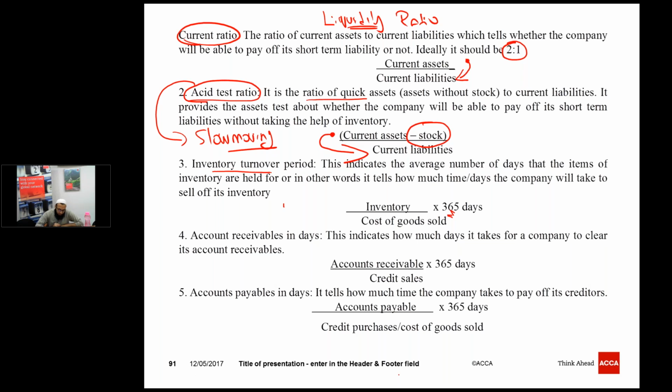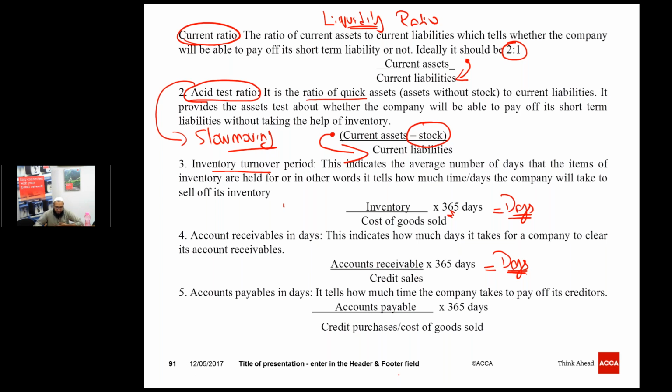Inventory turnover period indicates the days it took for a company to sell off its inventory. Receivable days indicates in how many days the company's customers are paying the company.